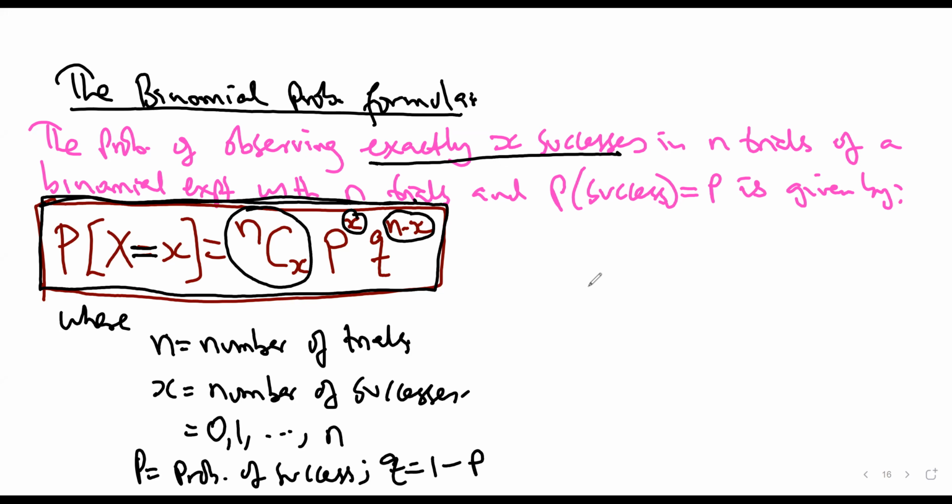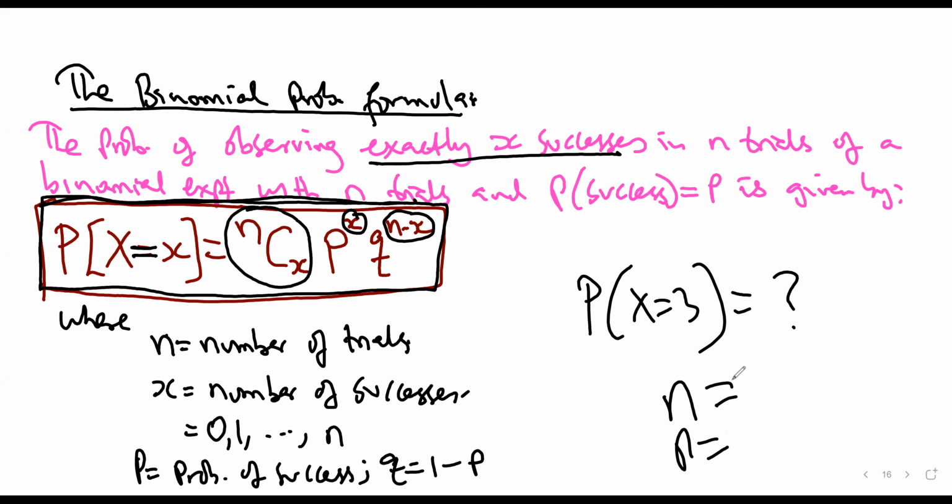For instance, the probability that X takes the value 3. So how do we get that? We shall use that probability depending on N and on P. Because for the binomial distribution, two things must be known for you to move on: the value of N, that's the number of trials, and the probability of success.